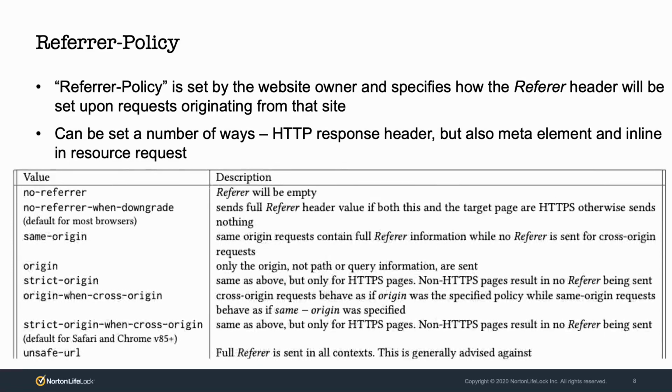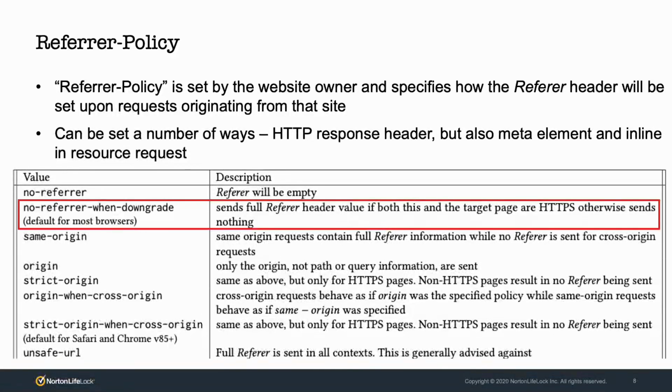This is a table that has a variety of acceptable values for the referrer policy. However, the default for many browsers was no-referrer-when-downgrade, which in that case sends the full referrer header value, including any potential query strings, if both pages are HTTPS enabled.